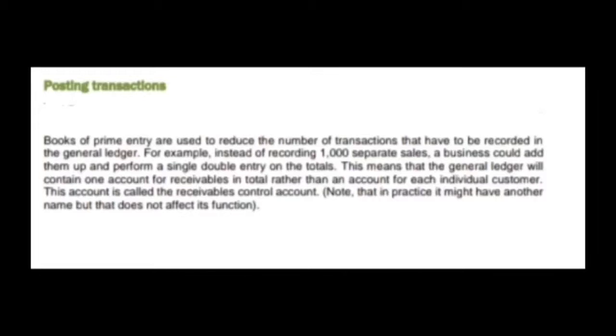And one thing to keep in mind is that the journal ledger makes only one account of all the transactions. So if you have thousands of sales contracts during the year, you will not record those 1,000 records into the journal individually. All you have to do is make just one sales ledger, and you will post the total of the sales ledger to the journal ledger. So that is the meaning of posting of transactions.